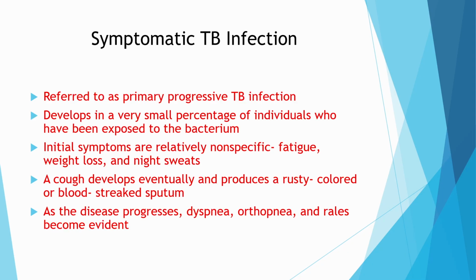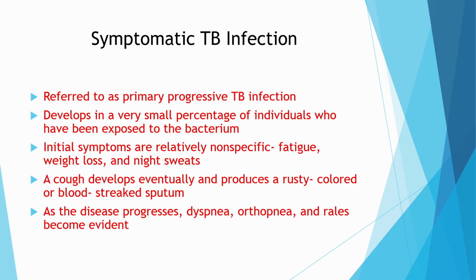Now, ladies and gentlemen, listen up, and then listen up one more time. Systemic TB infection. This is referred to as a primary progressive TB infection. This addresses a very small percentage of individuals who have been exposed to the bacterium.